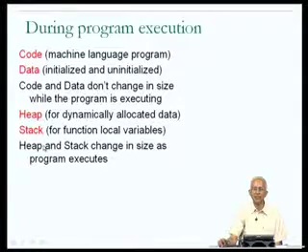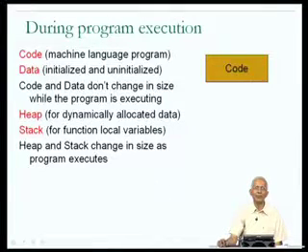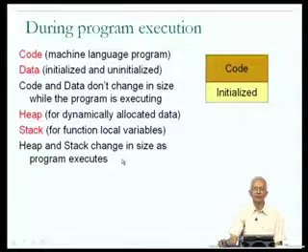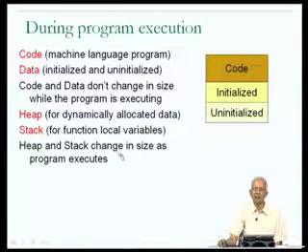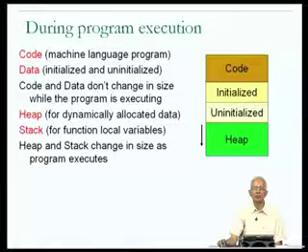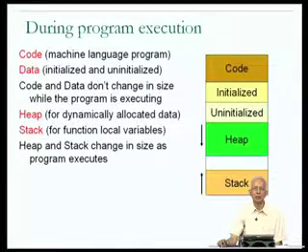Therefore, both heap and stack could grow and shrink in size, whereas the code and data are going to remain fixed in size. Pictorially, I might say that the code is fixed in size, the initialized and uninitialized data are fixed in size, they are all statically allocated, whereas the heap could grow and the stack could grow.